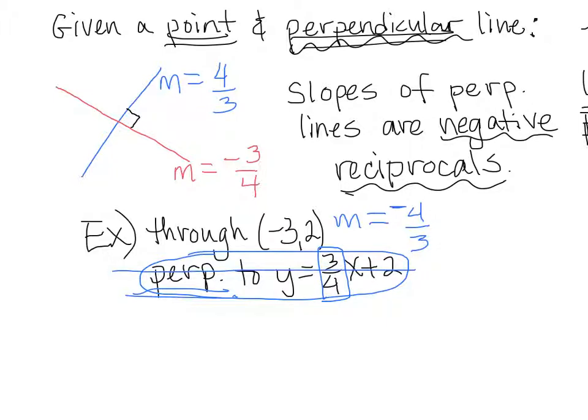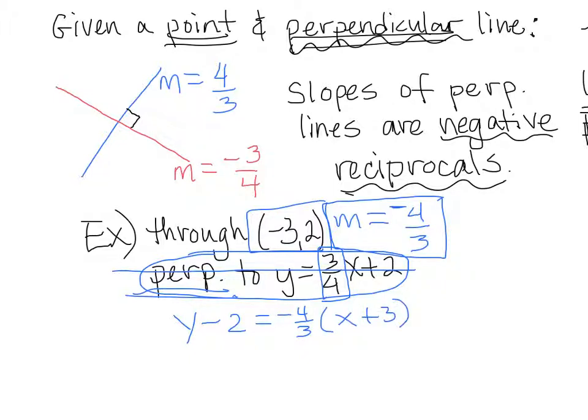So I write a point slope equation using my (-3, 2) and my slope of -4/3. That's y minus 2 equals -4/3 times x plus 3. That gives me -4/3 x.